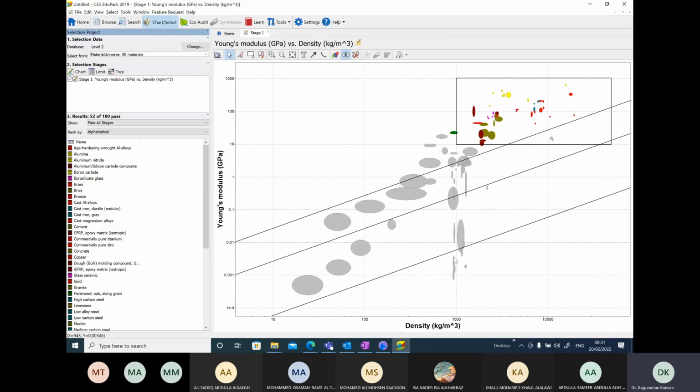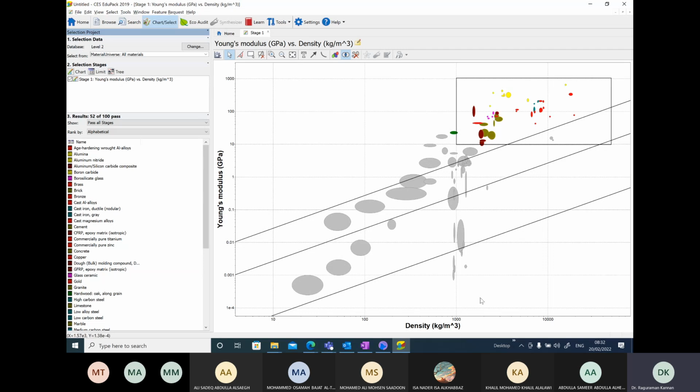Okay. Now, how will you know whether it is increasing or decreasing? When I'm moving this side, the ratio is increasing. When I'm moving down, the ratio is decreasing. It's very easy. There is no need to calculate. You can see here when I'm down here, the E value is pretty low, and the rho value is pretty high.